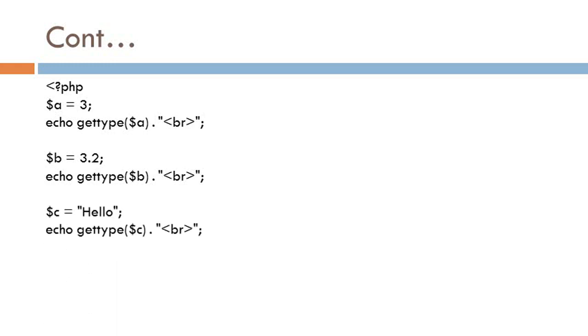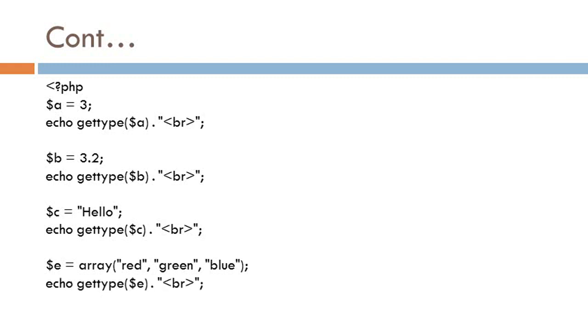Next is $c equal to "hello". Hello is a string. So the data type of variable c is string. Next is $e. Here I write one array which contains 3 colors, red, green and blue. So the data type of variable e is array. Now script is completed.